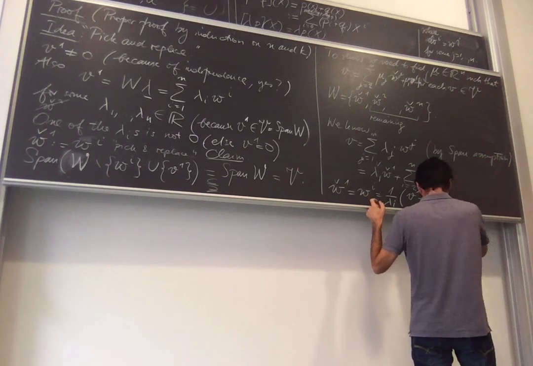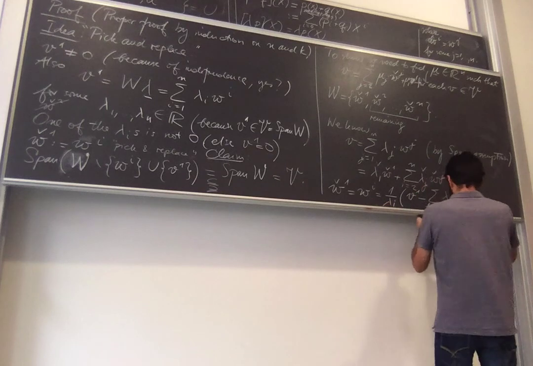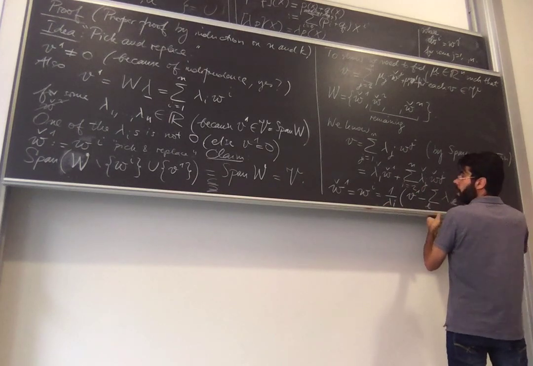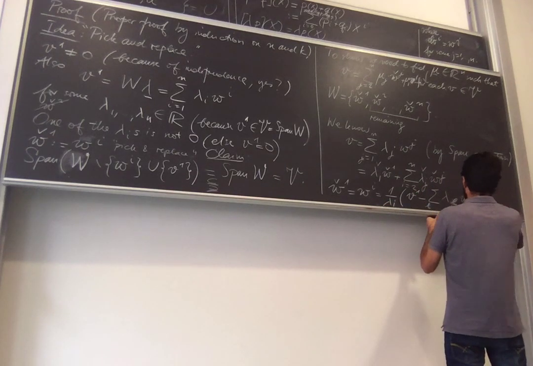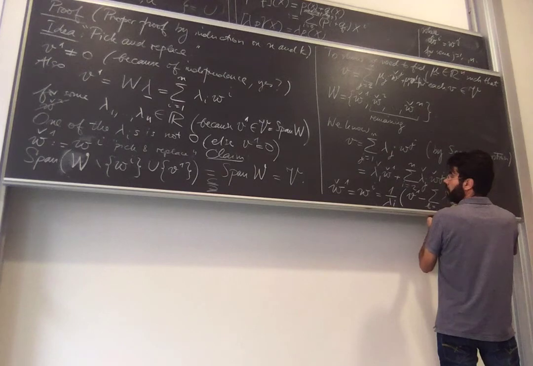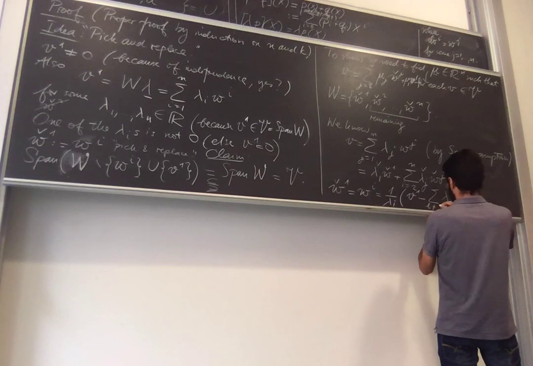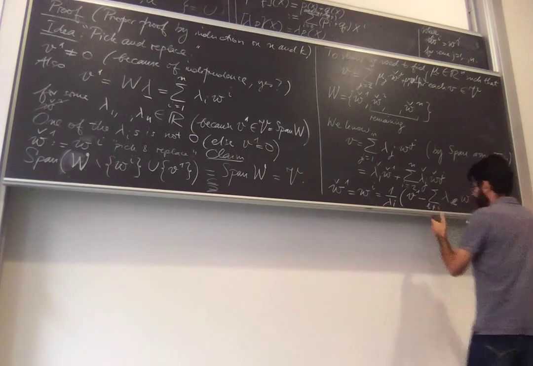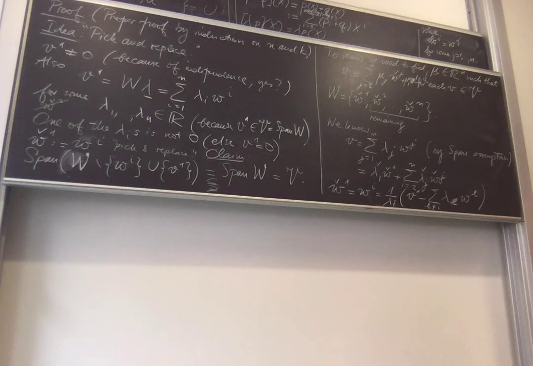So l W l, and this one is the one that is different than r. I'm going to write it like this: all the l's that go from 1 to n.